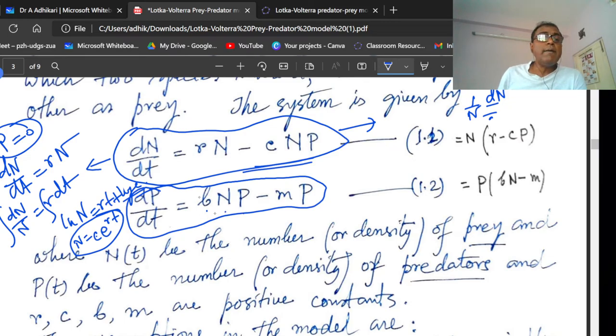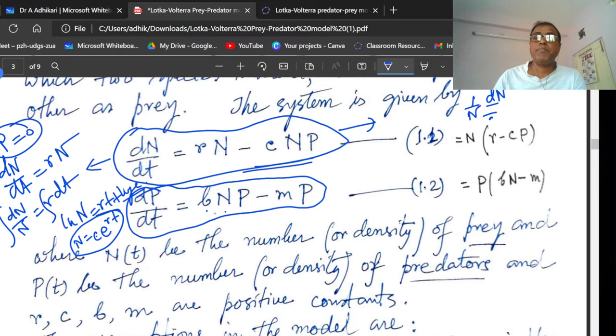So when BNP increases, the growth rate increases, and due to the term minus MP, because of this negative sign, the growth rate of the predator reduces.